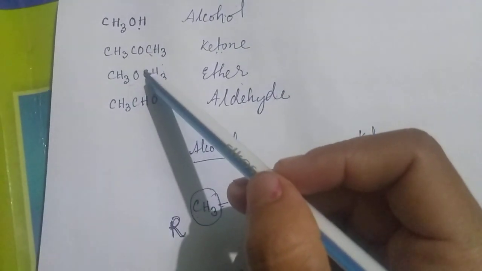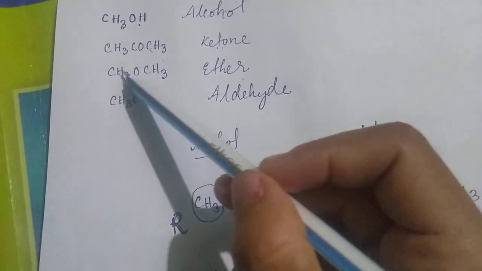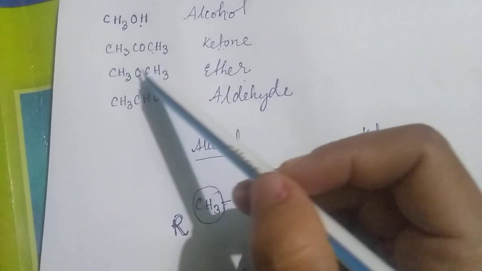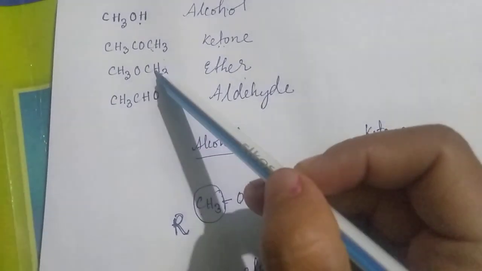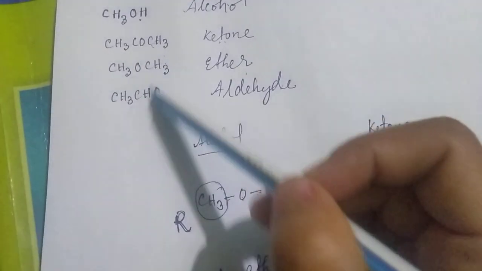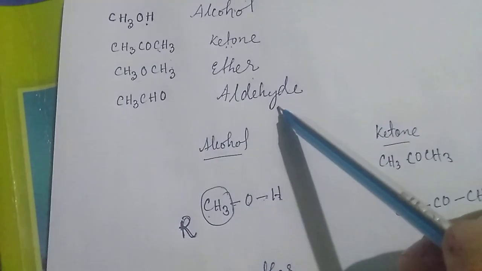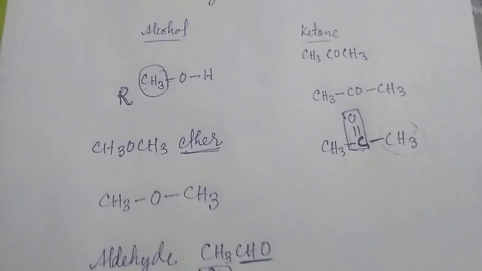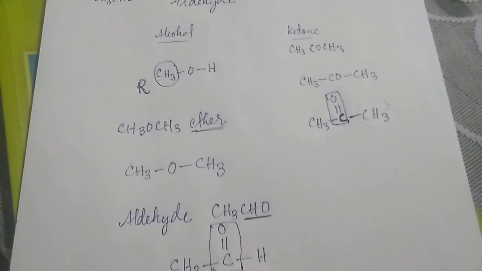When there is no C here, only a single O with CH3 on the sides, then this is ether. For CH3CHO, whenever we see CHO, it is called aldehyde. We should also know the clear structure and bonding of all these compounds.